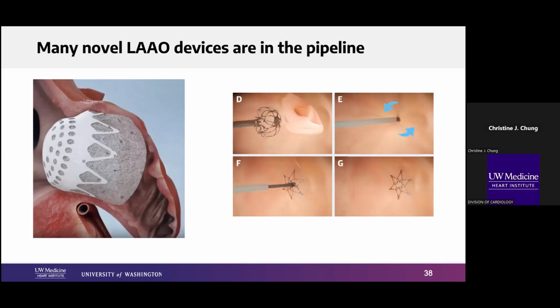Because of this concern for DRT, this is really seeking to minimize the implant footprint on the left atrial blood-facing side. So this is sort of like a blender ball. It goes into the middle of the appendage, interacts with the tissue, and then actually turns it as if you're tying a twist tie around the ostium of the appendage, and then holds that in place with this little clip.